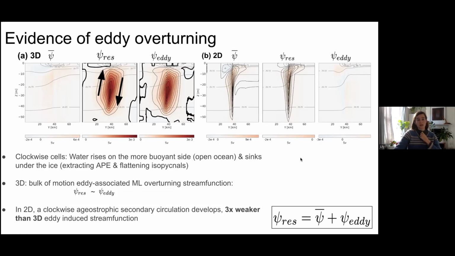And if we compare this overturning to the 2D model, you can see that there's basically a factor of 3 difference between the overturning in the 2D model compared to the 3D, and that scales directly with the heat budgets. So we can see just another illustration essentially of how these eddies are acting to overturn and move this water into the northern region.